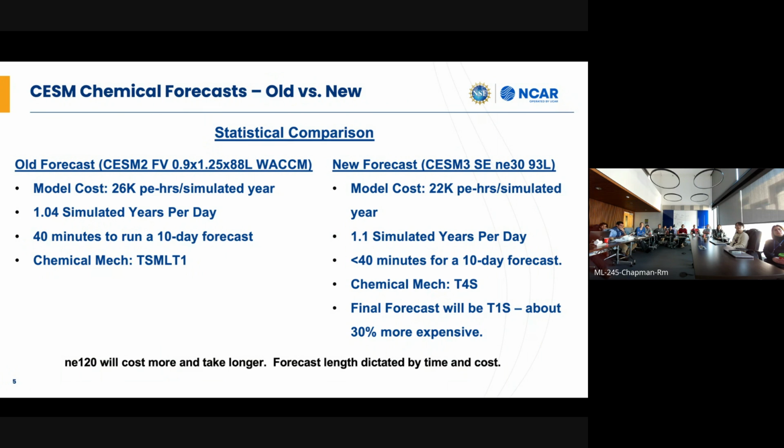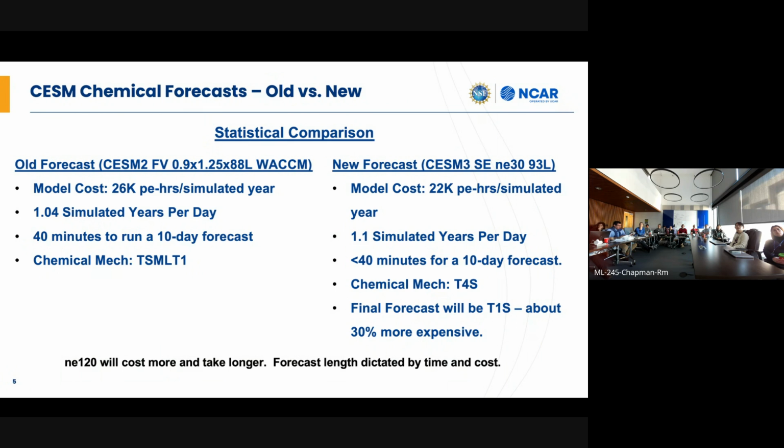And just a little statistical comparison between what we have been running for quite a while versus what things are looking like. CESM3 test runs come in at about 26,000 hours per simulated year, a little more than a simulated year per day. This allows us to do a 10-day forecast in about 40 minutes.